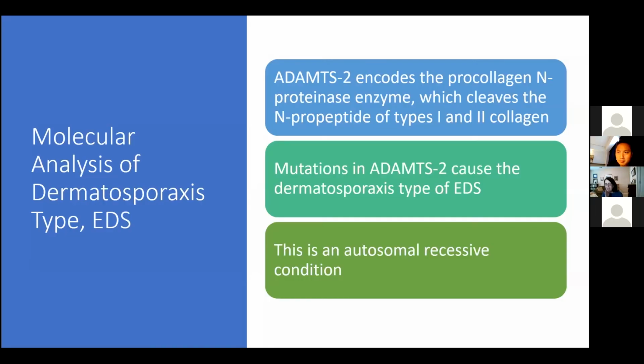In this case, it's the enzyme that's deficient. In the arthrochalasia type, it's the substrate. So in this case, the mutations are in ADAMTS2, the gene that encodes the procollagen N-proteinase enzyme, which cleaves that N-propeptide of types 1 and 2. So this is an autosomal recessive condition.